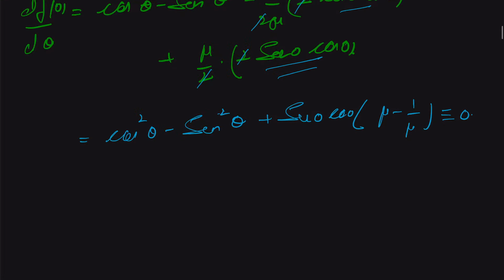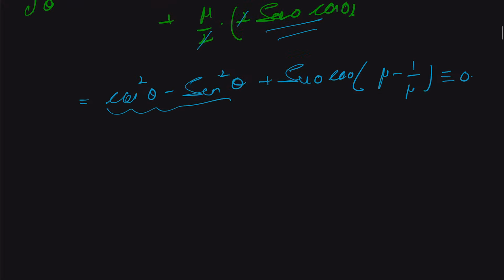Okay, and furthermore we can also sort it out by using the identity cos square theta minus sine square theta is equal to cos of 2 theta.